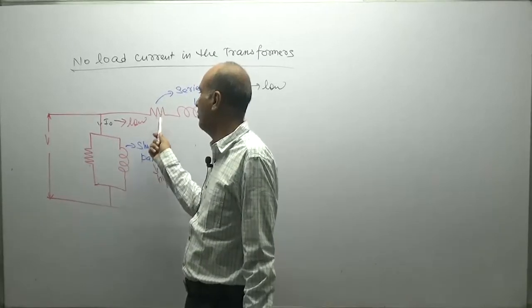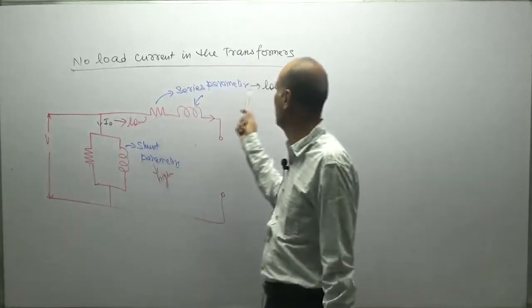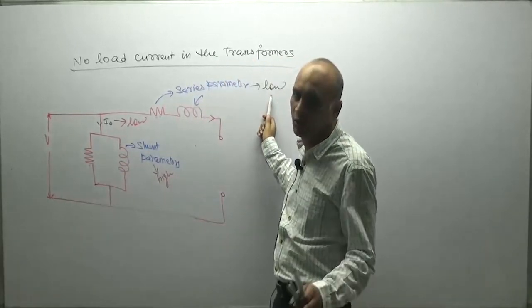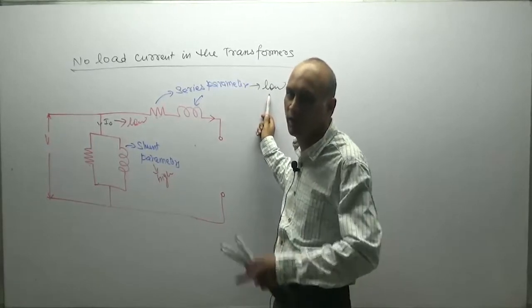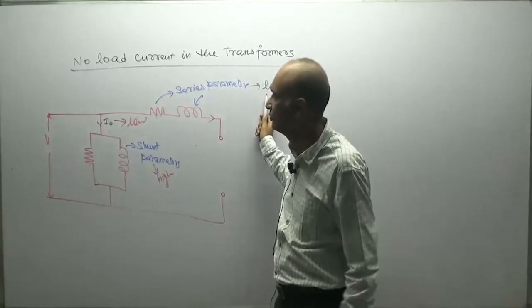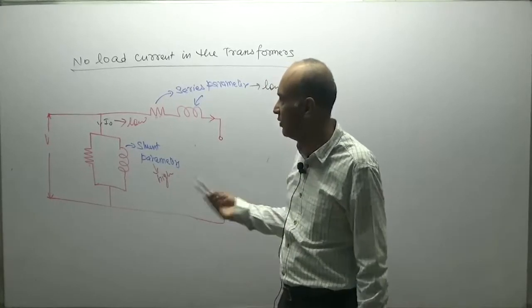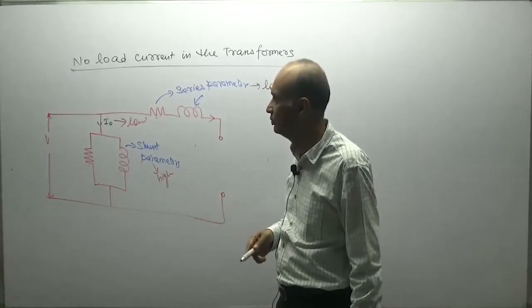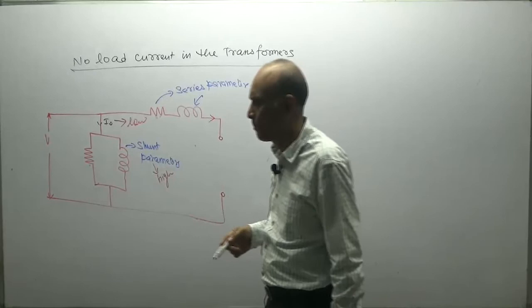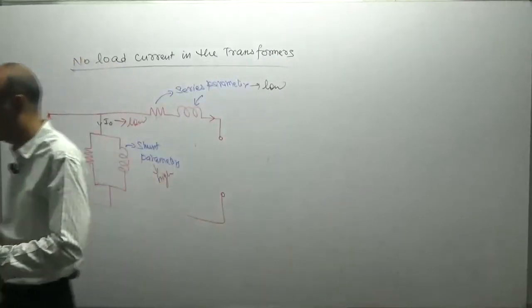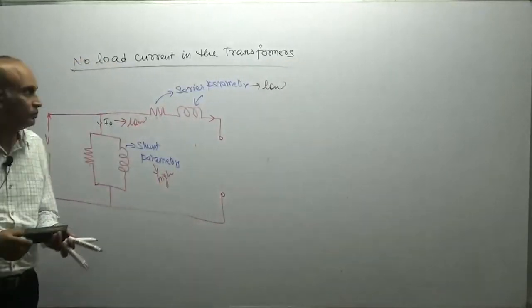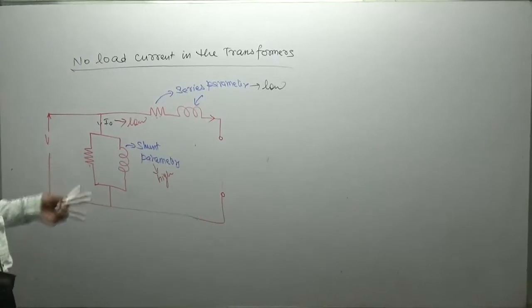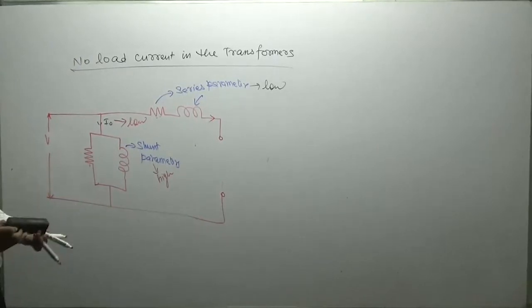If the value of this resistance is low, then copper losses of the transformer will be low, right. So first we will discuss the no load current, and also we will discuss the vector diagram of the transformer.